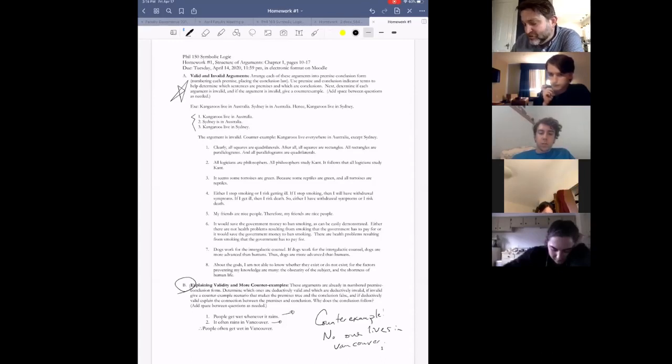So in that case, it could be true that there is this fact, one, people get wet whenever it rains. And two, that it often rains in Vancouver. But it is false that people often get wet in Vancouver because no one lives there. Does that make sense? Okay.